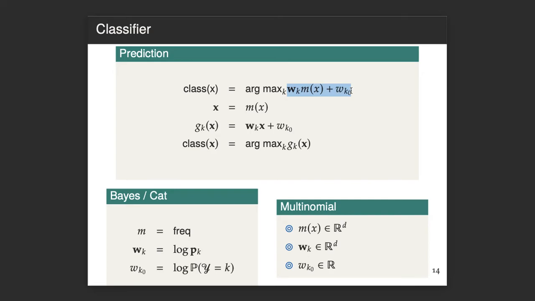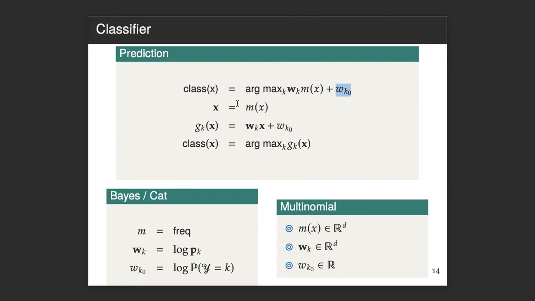We don't need the exponents, because the exponents are not going to change where the maximum is, and we don't need the normalization factor, because it is not going to change where the maximum value is. So we only need the parameters W.